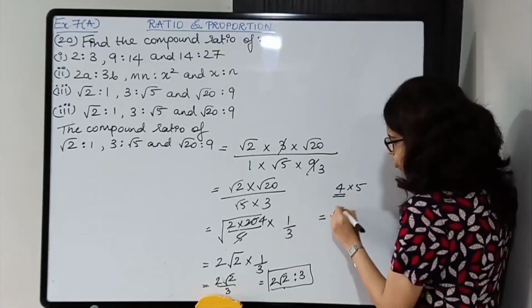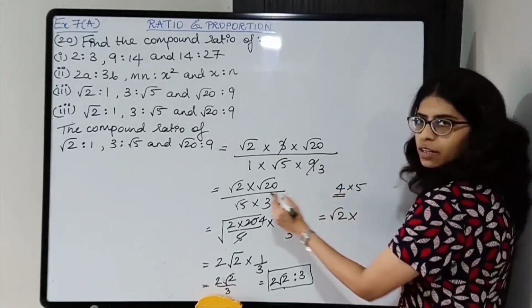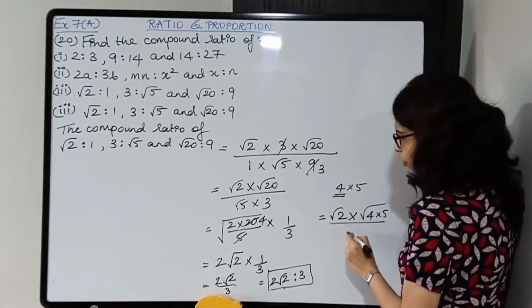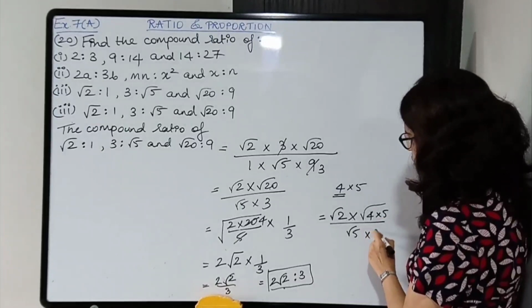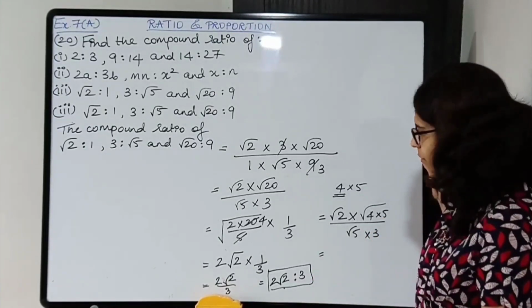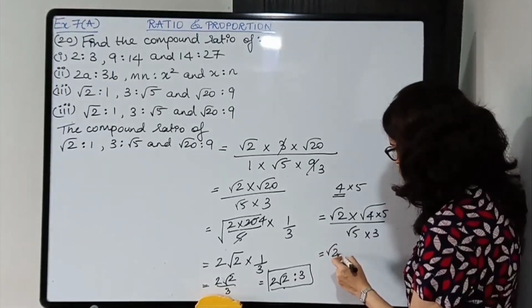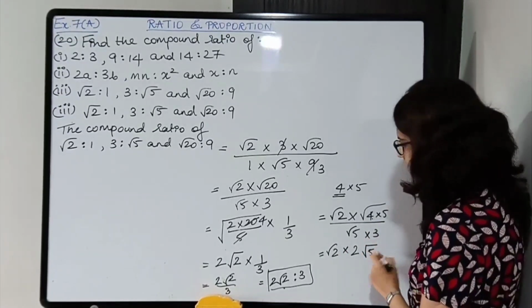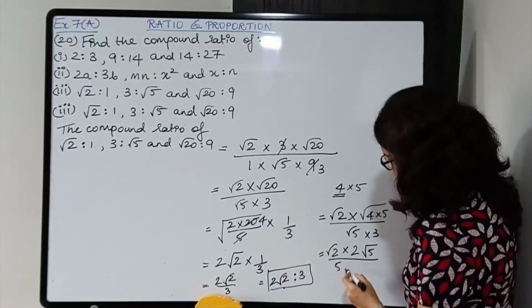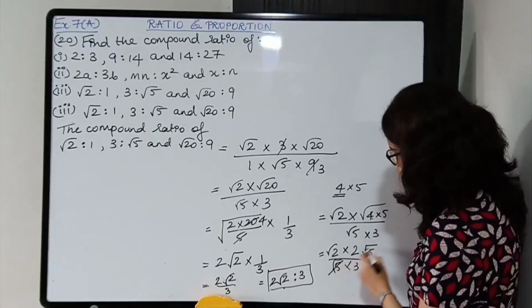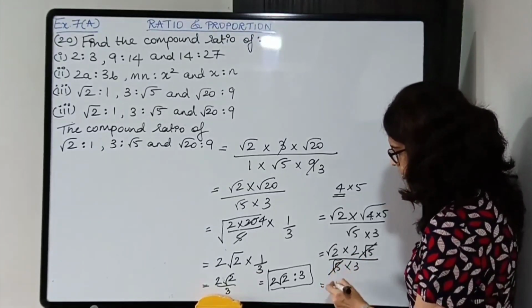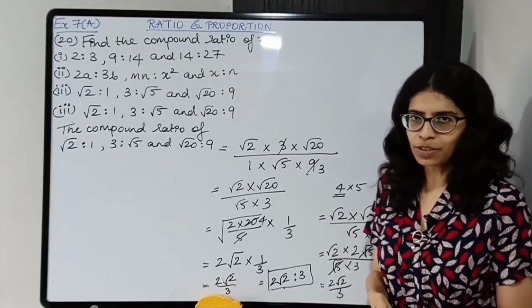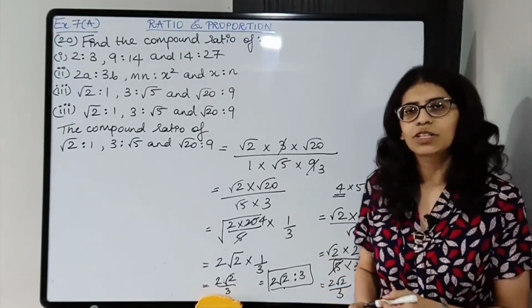You could have solved it like this, root 2 into root 20 would become root of 4 into 5 upon root 5 into 3. Okay, so this would be root 2, square root of 4 is 2 and 5 will remain as it is upon root 5 into 3. So root cancels and you are left with 2 root 2 upon 3. So 2 root 2 is to 3. Okay, so whichever method you find easy, you can solve it that way.